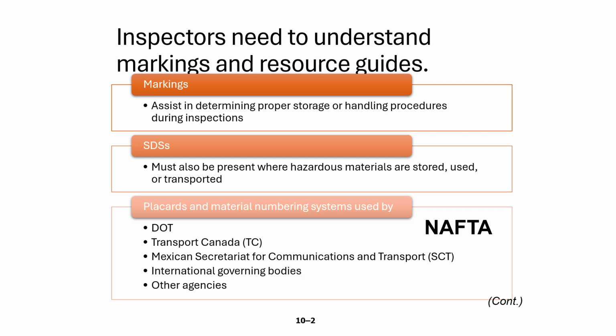So we're also looking at, from an inspectional perspective, if you understand how placards are labeled, what the symbols are, and what the numbering systems are that are used by the Department of Transportation, Transport Canada, the Mexican Secretary of Communication of Transports, international government bodies, and any other type of agency that has the task of identifying materials.